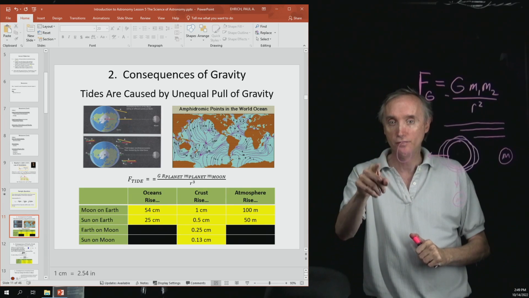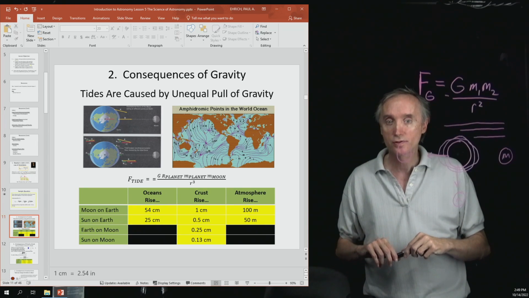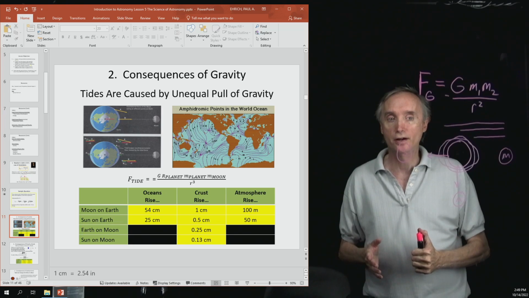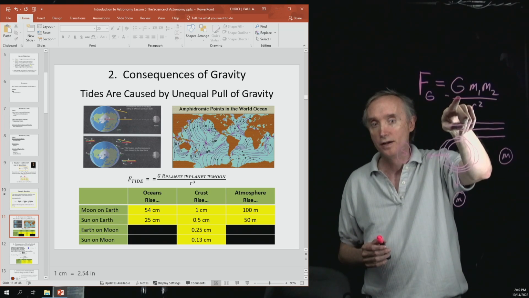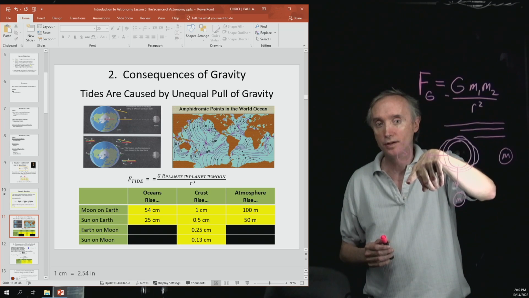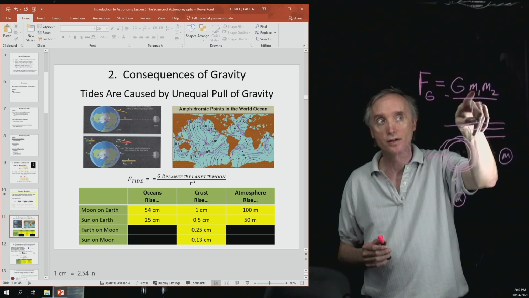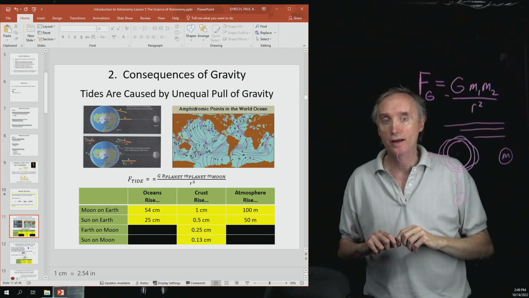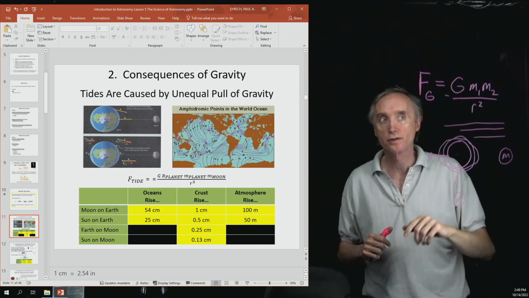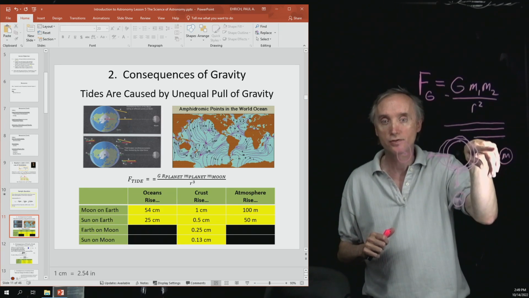If you look at that formula, there's the force of the tide, and you notice it's got the big G in there because the force of gravity had the big G. It's got the mass of the planet, and it's got the mass of the moon, just like this. But it also has the radius of the planet, and it also depends on the distance between the two objects.